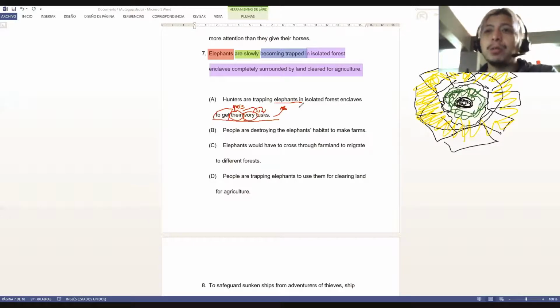They are made of something called ivory. Ivory is like a precious metal. Some people use it to make furniture, to carve and do some stuff. So some hunters, the reason that they hunt elephants is just to get their tusks. They want their tusks because the material is very expensive and they can sell the ivory at a very high price. So hunters are trapping elephants in isolated forest enclaves to get their ivory tusks.